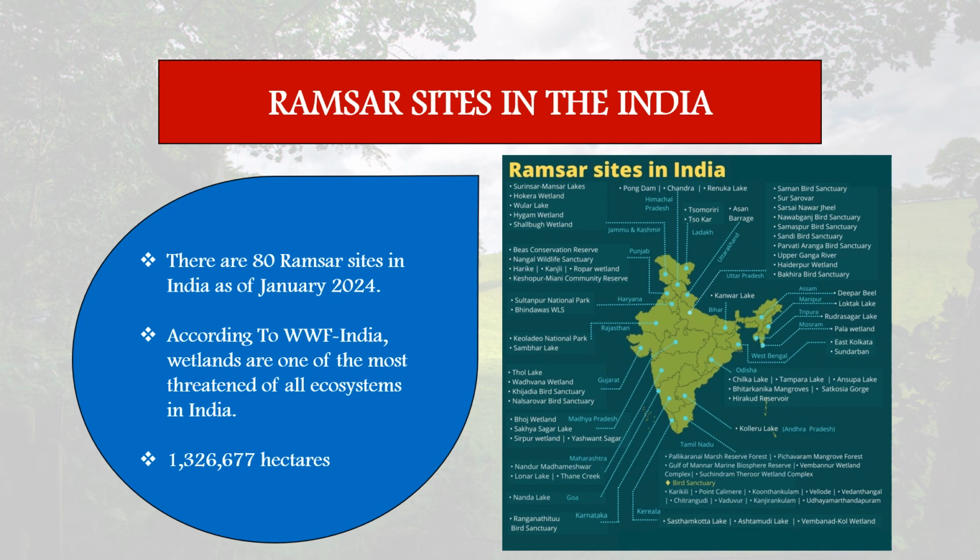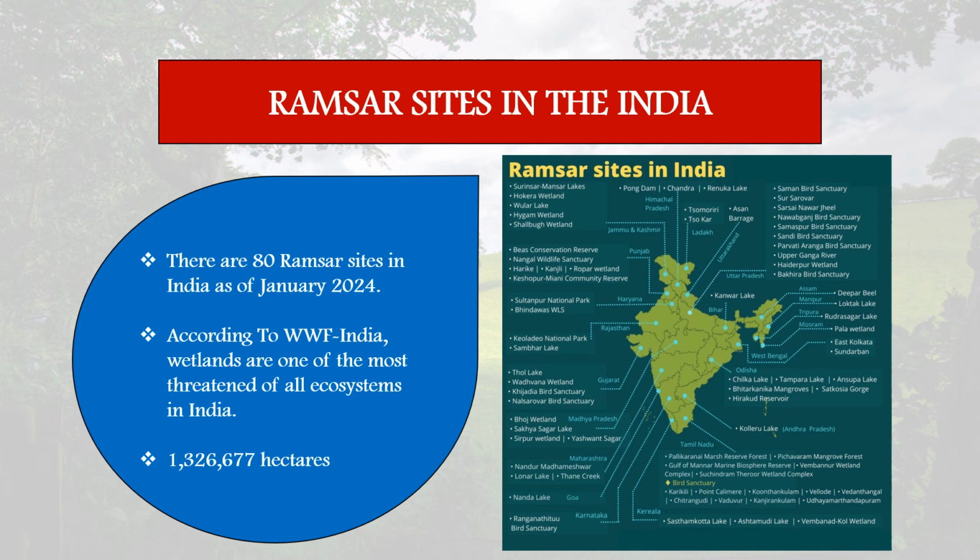And here in the picture, you can see the area from where some of the Ramsar sites are present. Like we have Surinsar, Mansar Lakes, Hukera Wetland, Vular Lake, Hingam Wetland, Salbug Wetland from Jammu and Kashmir.